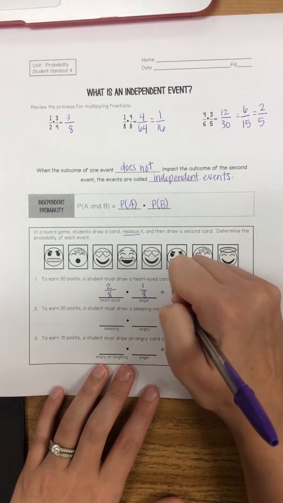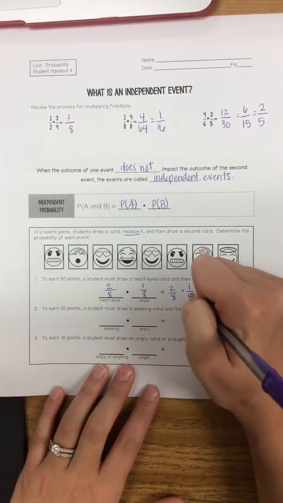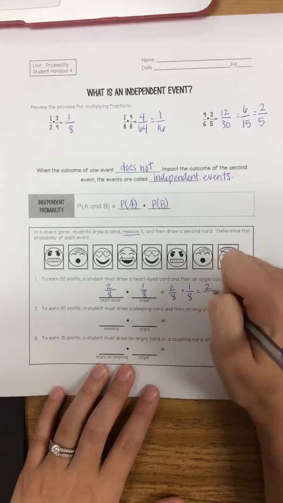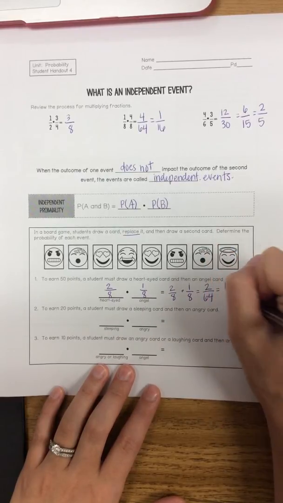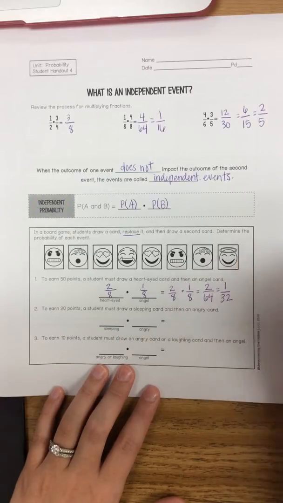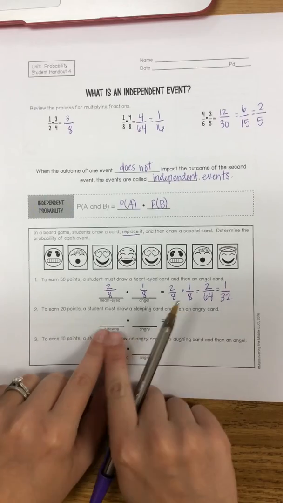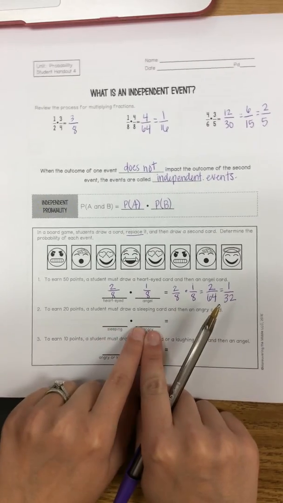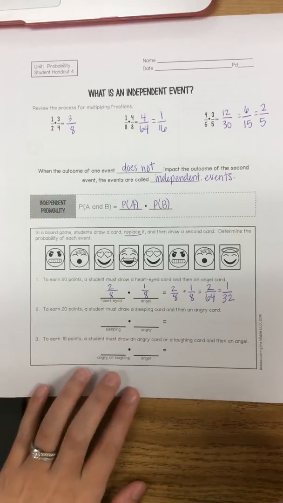So if we multiply those two fractions together, 2 over 8 times 1 over 8, we get 2 over 64, okay, which would be 1 over 32. So 1 over 32 is actually the probability of those two events put together, okay? So not too hard. You're just finding the probability of one thing, probability of the second event, and then multiplying them together, okay? So let's do the next one.